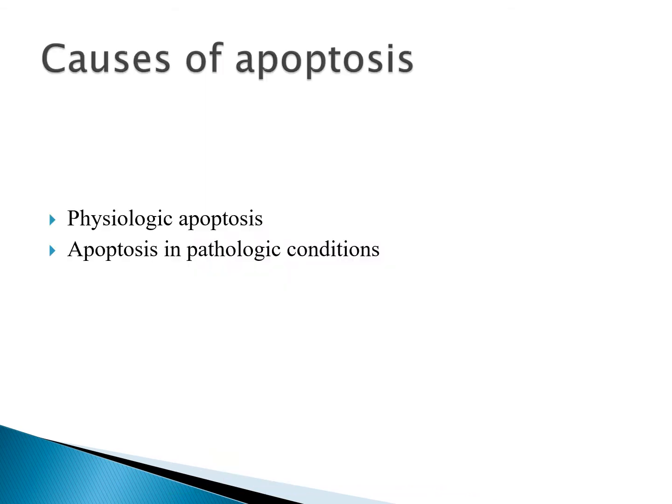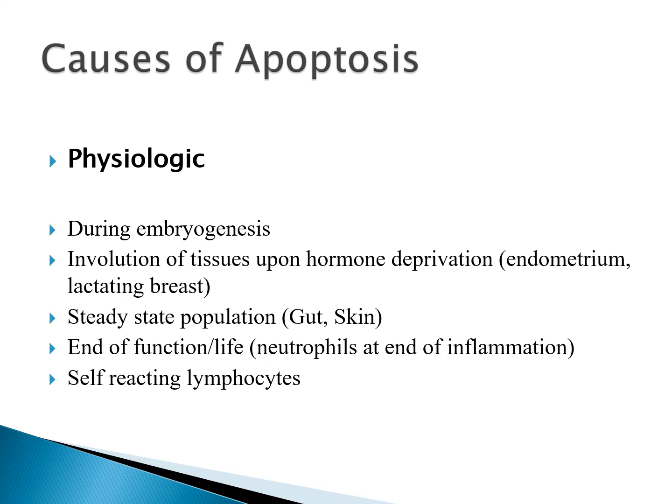Now we have different causes of apoptosis. As I said, it can be physiologic apoptosis or can be pathologic. Regarding the causes of physiologic apoptosis, it's a very common feature during embryogenesis, during development of the embryo in the uterus.